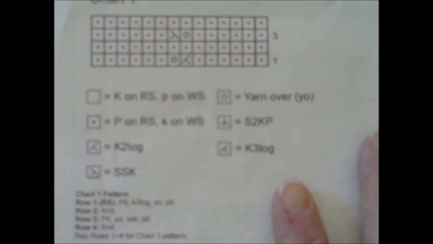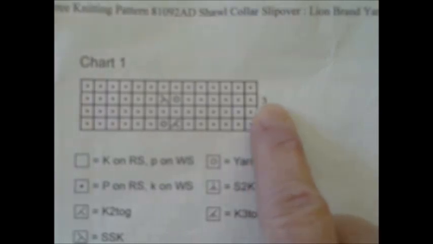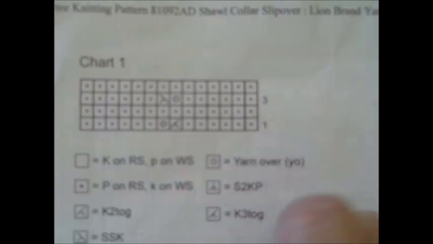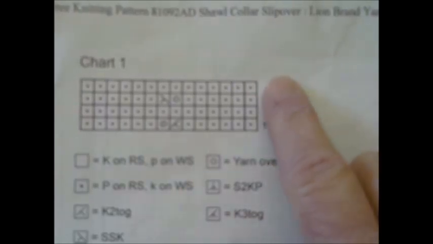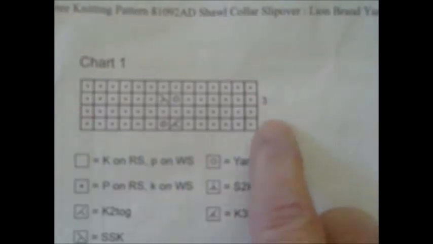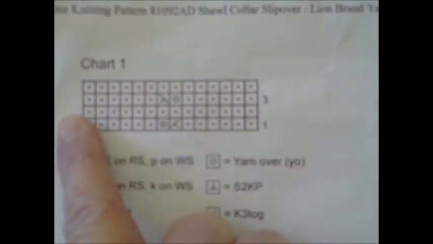from pattern to pattern. Now you read your right side rows are going to be your odd numbers, and the numbers are always over here to the right. Easy to remember, right side rows, the numbers are on the right. Your wrong side rows usually do not have a number, but you're going to knit them from the left.